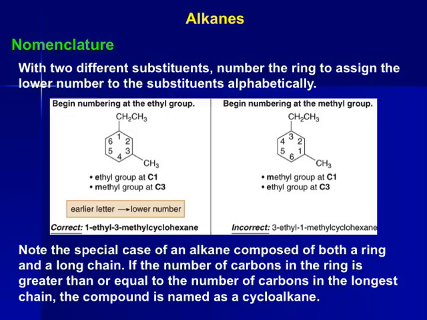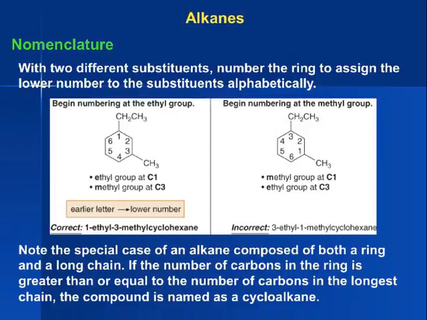Okay. All right. When we have 2 different substituents, however, in the previous example, both substituents were methyl. Okay? With 2 different substituents, you're going to number the ring to assign the lower number to the substituents alphabetically. Here it doesn't matter. Methyl and methyl are identical, right? So methyl is always going to have position 1.